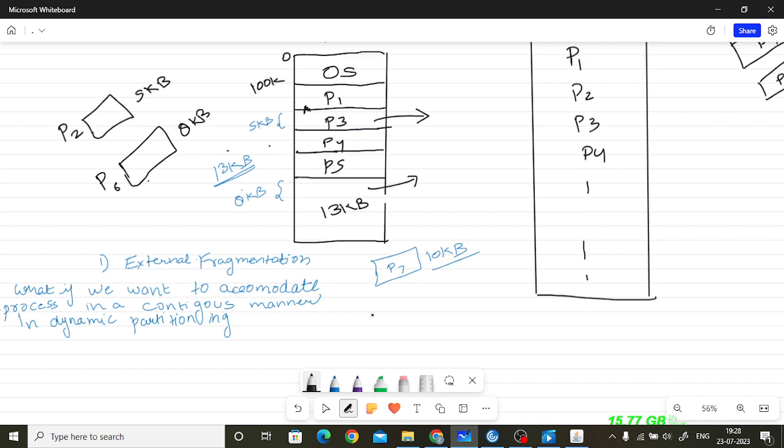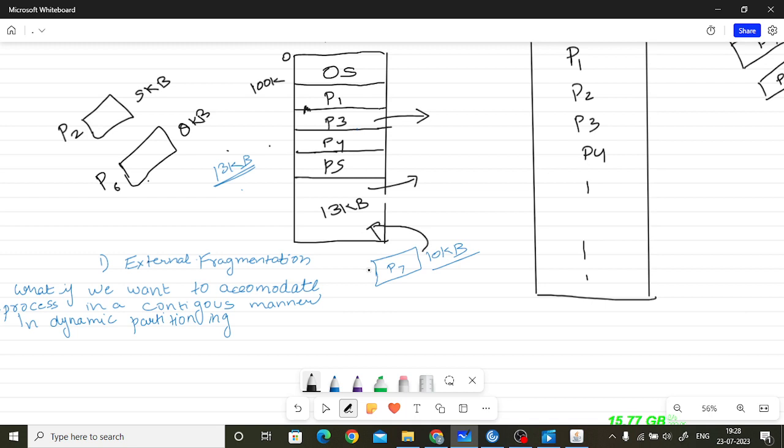Okay, by using the concept of compaction, we have 13 KB of free space accumulated at one part of a memory. So now we can easily accommodate the process size of 10 KB, that is P7, into our main memory.